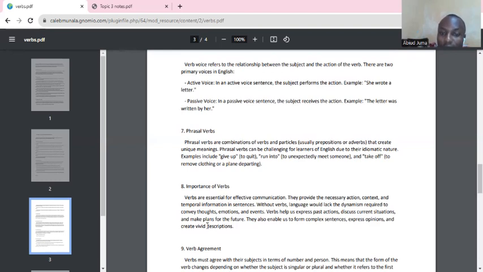Phrasal verbs can be challenging for learners of English due to their idiomatic nature. Examples include give up, which means to quit; run into, to unexpectedly meet someone; take off, to remove clothing or a plane departing.